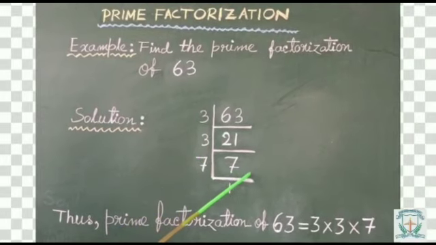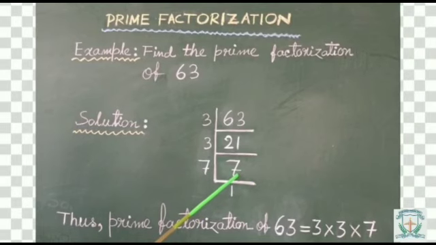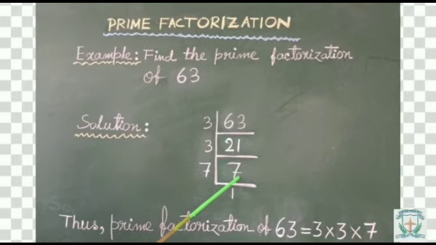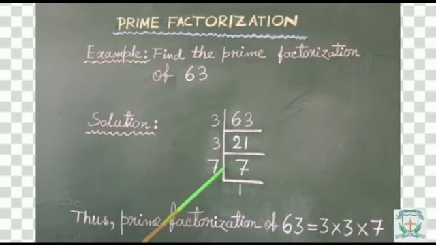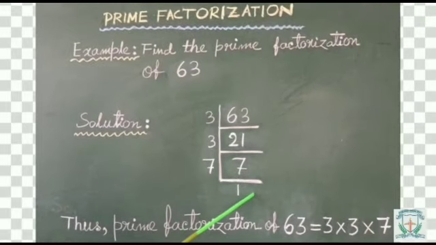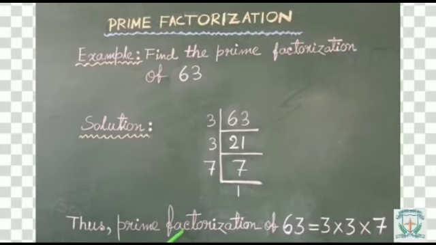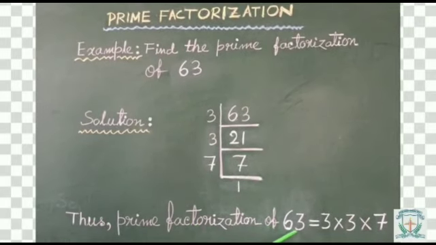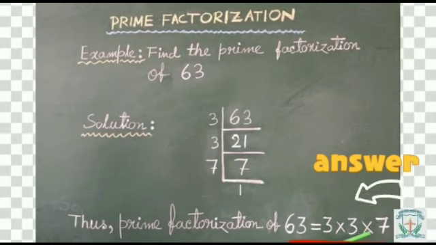So, dividing 21 by 3 gives 7 as a quotient. Now, 7 is a prime number. So, 7 is divisible by 7 itself and we get 1 as a quotient. Thus, prime factorization of 63 is equal to 3 multiplied by 3 multiplied by 7.